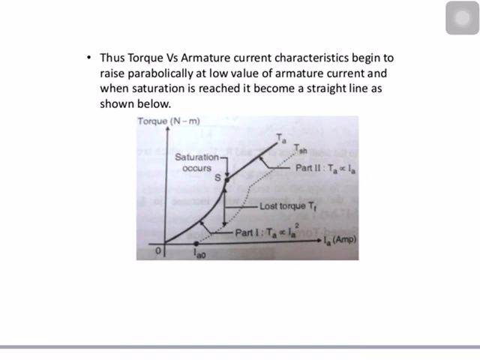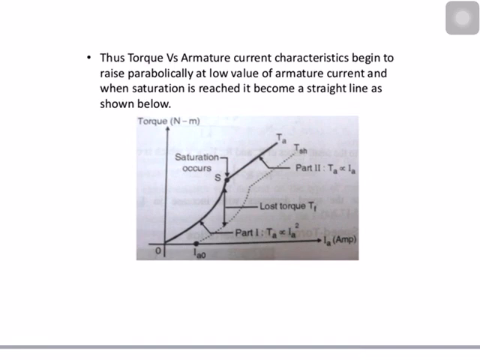Before magnetic saturation, T is directly proportional to Ia squared, as Ia equals If and flux phi is directly proportional to Ia. After magnetic saturation, flux phi is independent of armature current Ia, so the torque varies proportional to Ia, and the curve becomes a straight line.